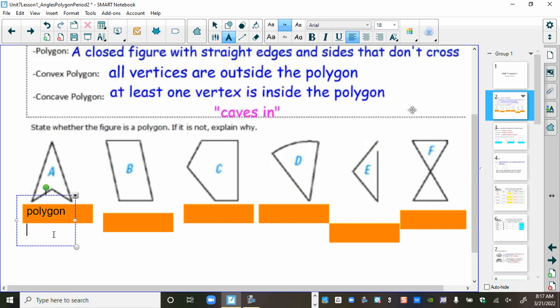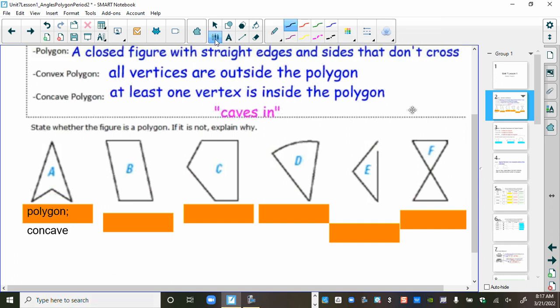Well, in the end, this polygon is going to be a concave. Reason being, see that turn inwards? Right there. That is the reason why that's going to be a concave polygon.